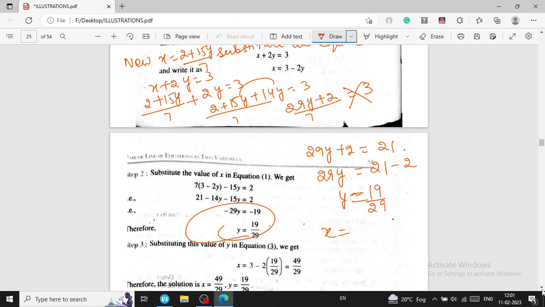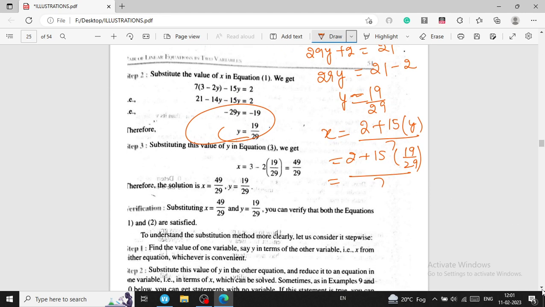Now substitute y's value in equation number 3, that is 2 plus 15y over 7. 2 plus 15 times y's value, 19 by 29, over 7.